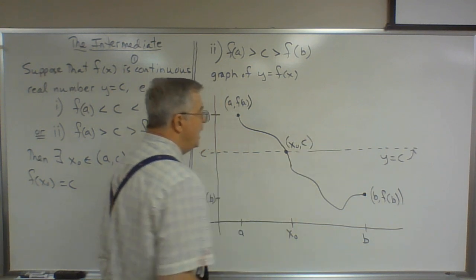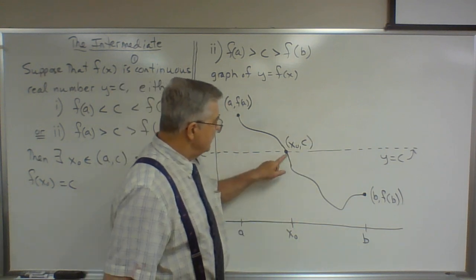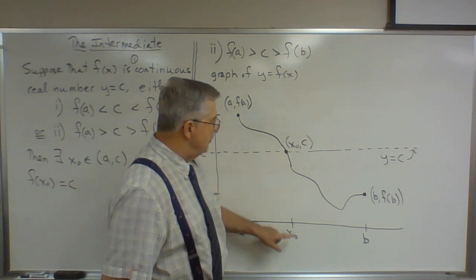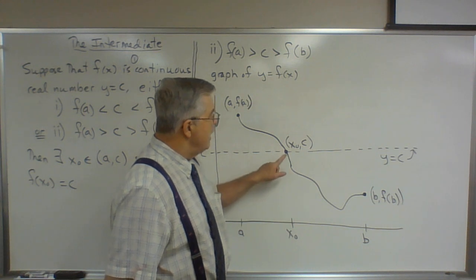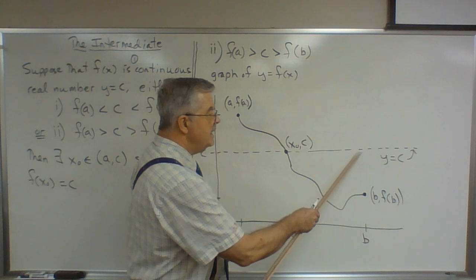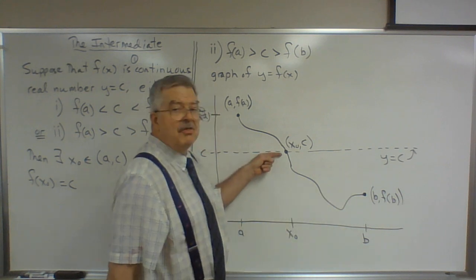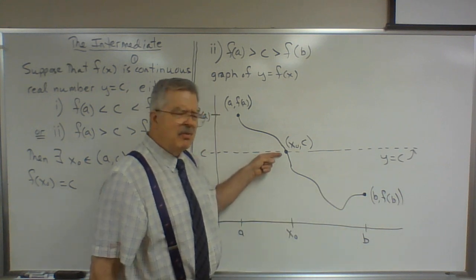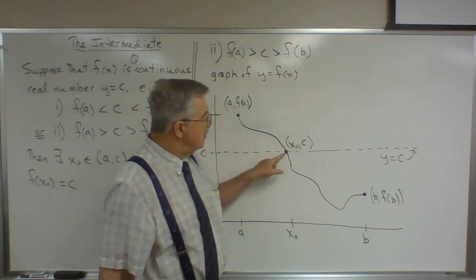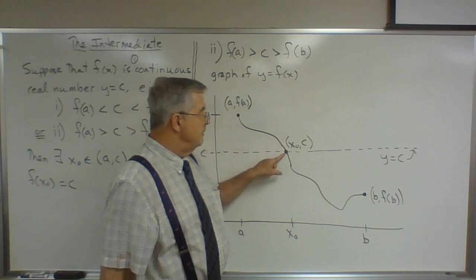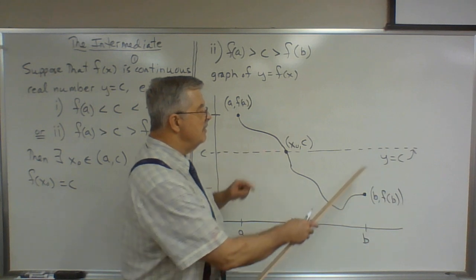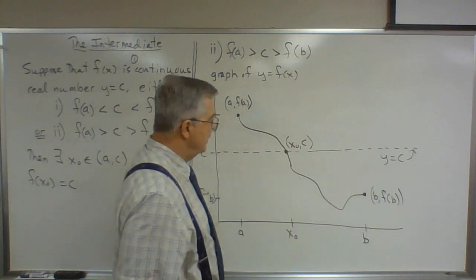c). Why? Well, we gave the x-coordinate of this point the name x naught. And this point is on the horizontal line y equals c. So the y-coordinate of every point on this line is c, including the y-coordinate of this point. So this point is (x naught, c) because it's on the line y equals c.